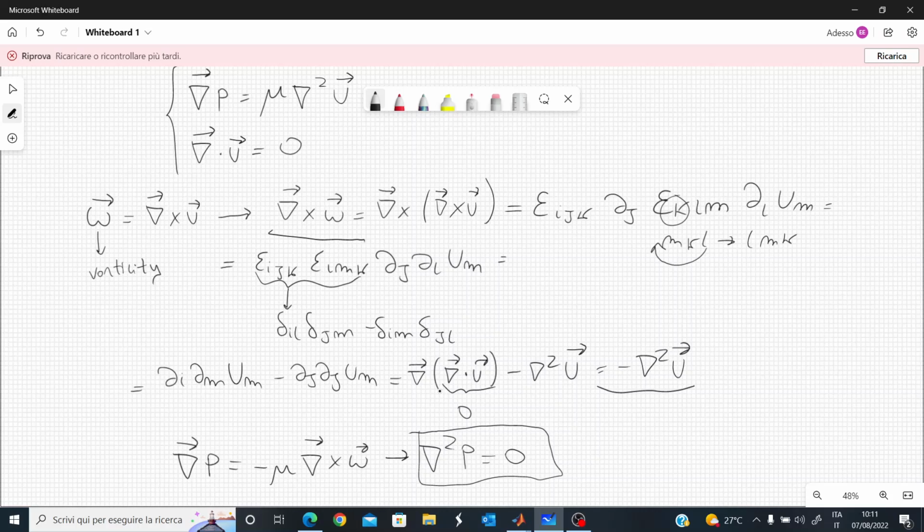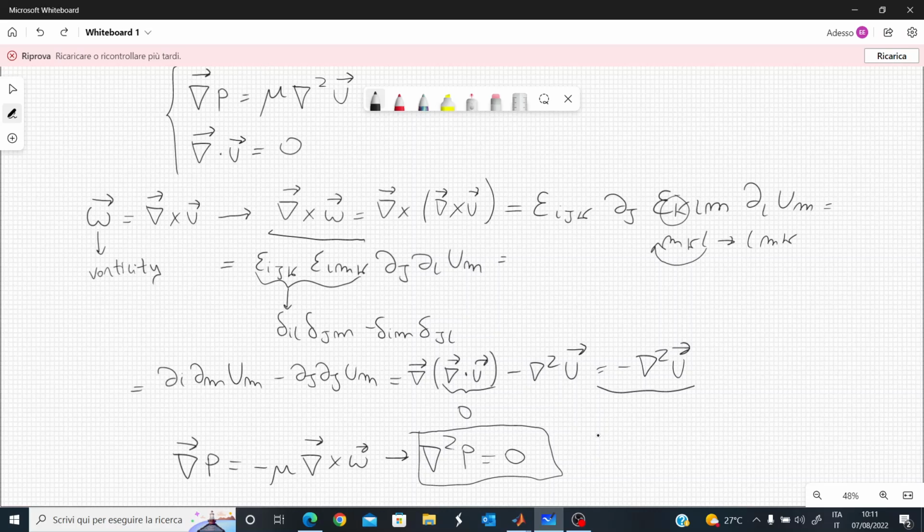And then you can also find that if you take the curl on both sides of this equation, you have that the curl of a gradient is equal to 0, right? And so we can actually take the curl of this expression here.